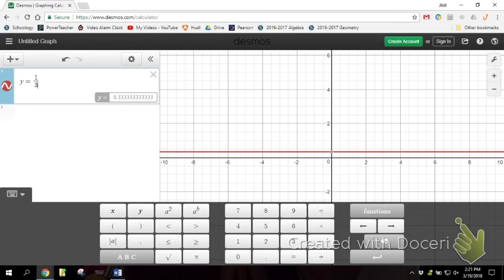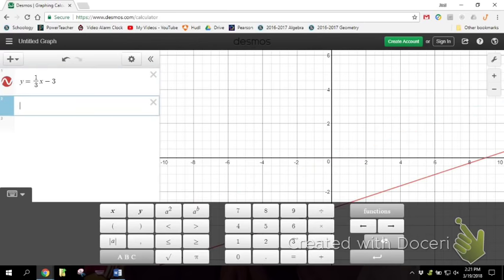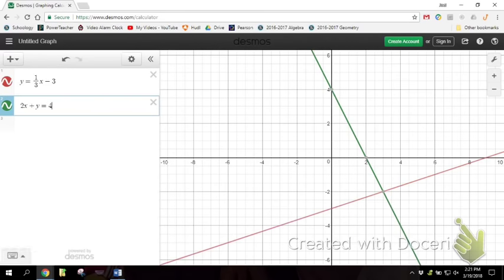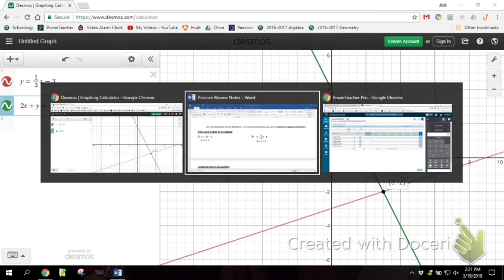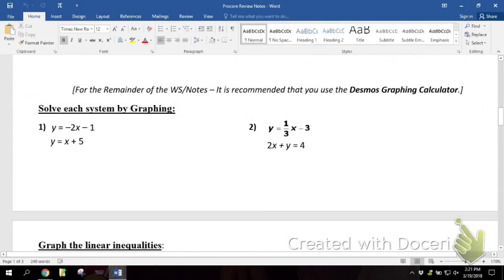The most important thing is to press the right arrow to get out of the denominator before you put your x there, and then minus 3. The nice thing about the second one is you don't have to get y by itself to graph these. You can type it in just like that, and it'll graph both of them and give you the intersection, the ordered pair 3, negative 2. Over here, it's ordered pair 3, negative 2.